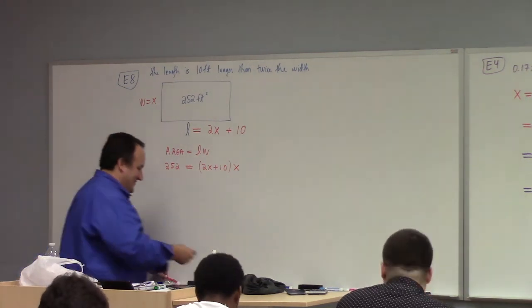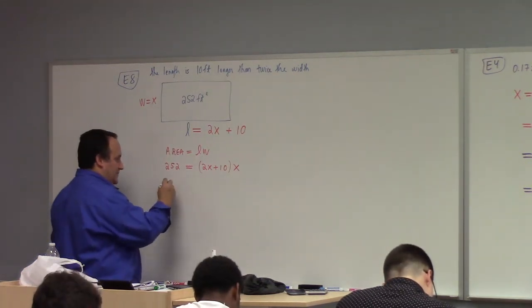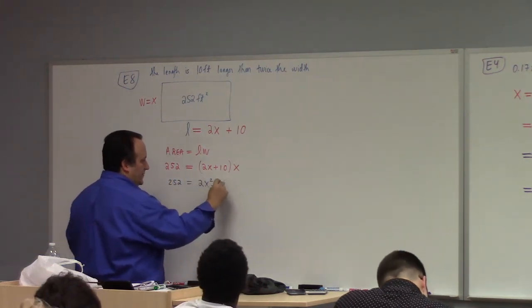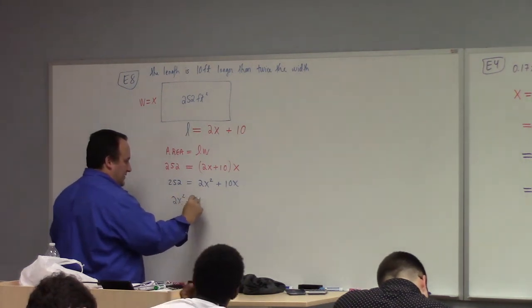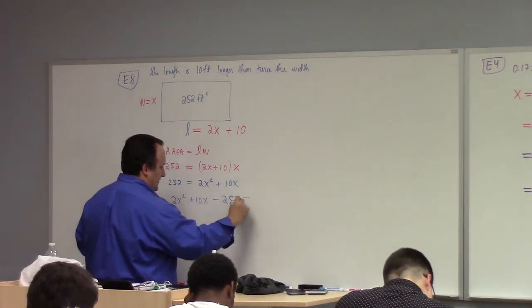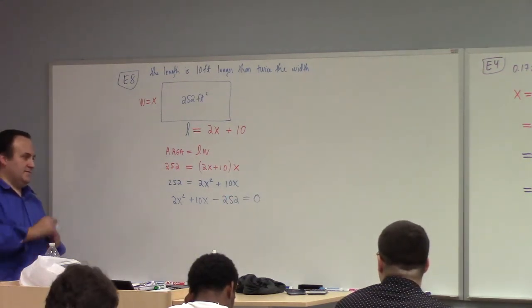So multiply it out, what you got? You got yourself 252 equals 2x squared plus 10x, which we could rearrange to 2x squared plus 10x minus 252 equal to 0, right? Divide by 2.